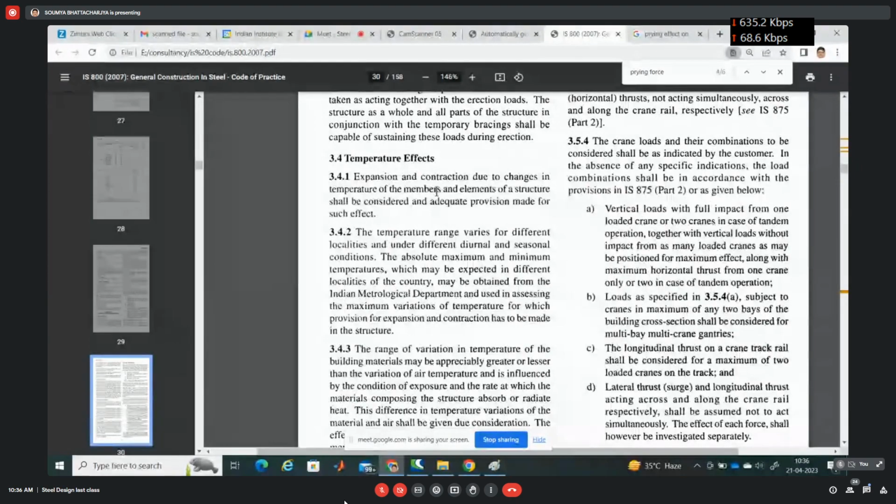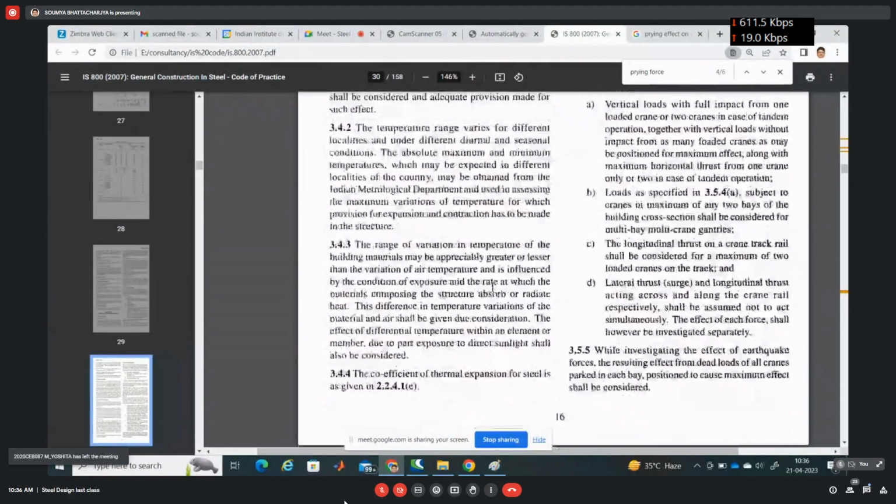Expansion and contraction due to changes in temperature of the members and structure shall be considered and adequate provision made for such effect. Now, what we do?